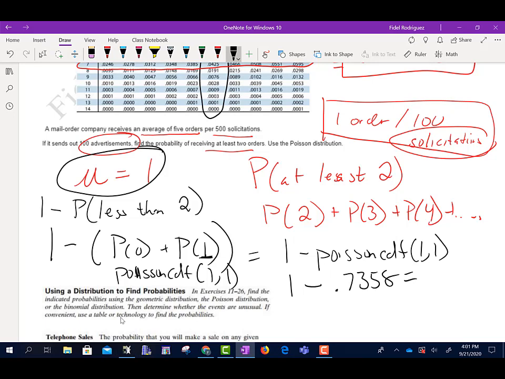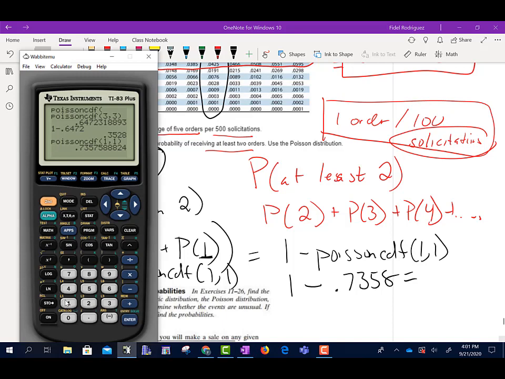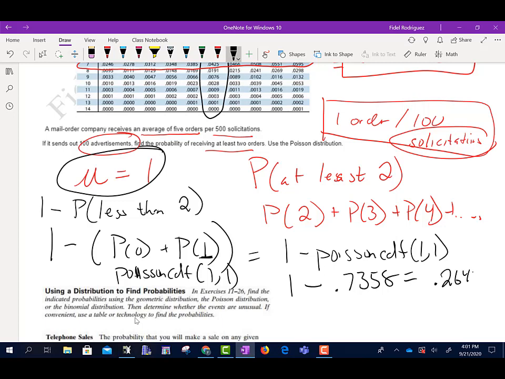And then if I just do 1 minus that answer, I'm going to come up with 0.2642. Okay.